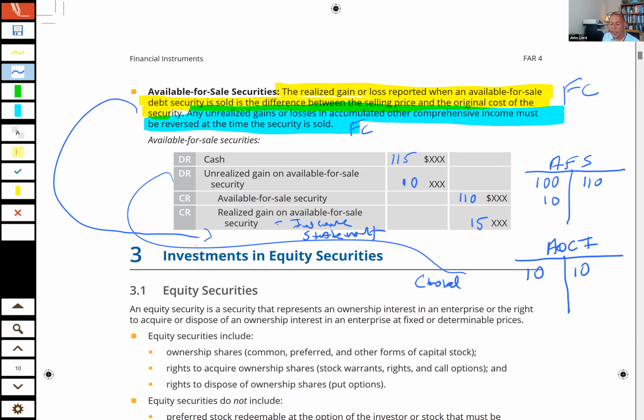But from a CPA exam standpoint, which is why we're here, I'm having you flashcard that the realized gain or loss reported on an available for sale security is the difference between the selling price and the original cost. So if you get a question and they give you all this other stuff about how it moved around in the interim, who cares? I don't care what it did in the interim.